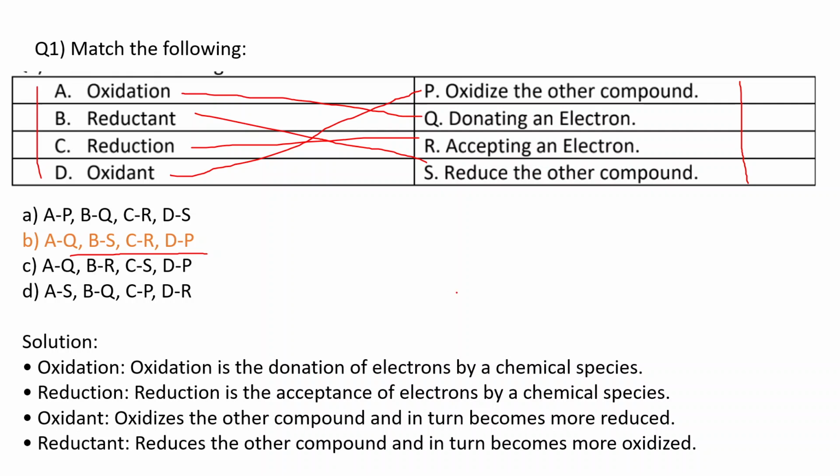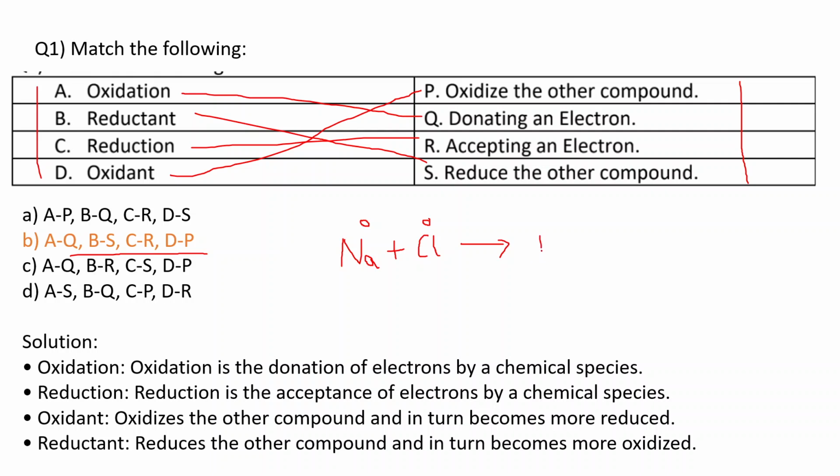So let's take an example and understand this properly. Let's take the example of NaCl. Just say this is sodium ion, this is sodium, and this is chlorine. Just take a reaction. All of them have oxidation state 0, as they are in elemental form.